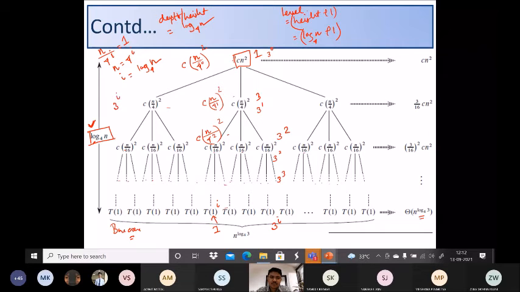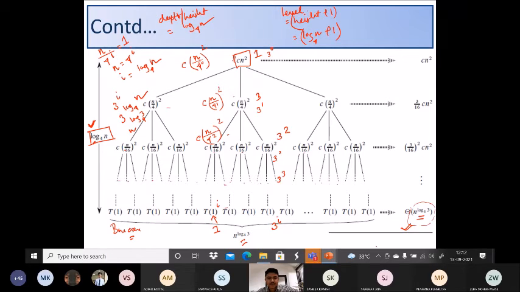So 3 to the power log base 4 of n, because i equals log base 4 n. So you can interchange this and write n to the power log 3 base 4. So this is written here. So you have understood this thing.